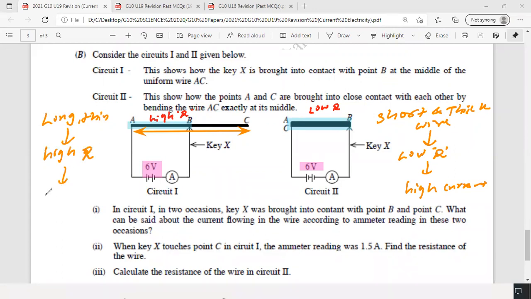High resistance means low current. So what are the two factors that can be tested here? There are many factors affecting resistance. Which can be tested here? The effect of the length of the wire and the area of cross section of the wire we can demonstrate from this circuit. So this is the background of this question. When you look at the diagram, you can analyze these things.